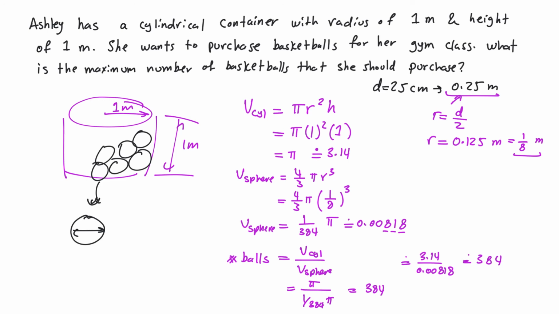So 384 basketballs can fit into this giant cylinder if there were no gaps. Obviously, there are going to be gaps. So just to be safe, it's not a good idea to buy 384 basketballs. Maybe 300 to start with. And then if you can fit any more basketballs, you can add a little bit more in.